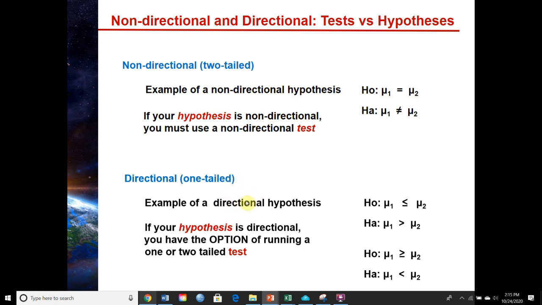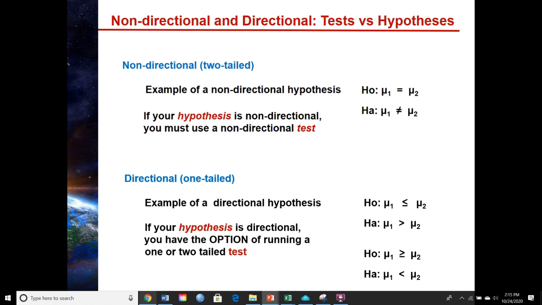That would violate this rule. So again, if your hypothesis is non-directional, then you have to do a non-directional test. You have to, because in order to do a one-tailed test, one of the criteria is that the hypothesis is directional.